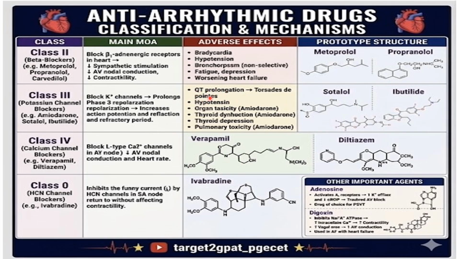It causes hypotension, and amiodarone generally causes organ toxicity, thyroid dysfunction, and pulmonary toxicity.